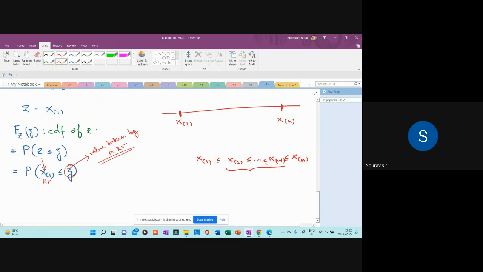They have clearly said that it is less than or equal to X_(1). So obviously one place where it can lie is this region, less than or equal to X_(1).